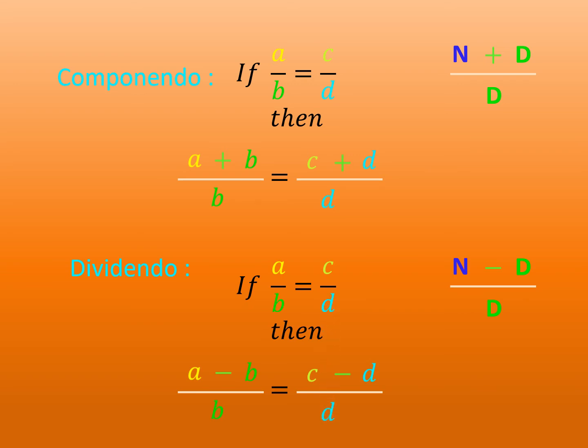So a minus b upon b equals c minus d upon d. My dear friend, one more method is there to remember. a upon b minus 1, c upon d minus 1. That will also give you the same answer for dividendo. And for componendo, a upon b plus 1 and c upon d plus 1. Clear?